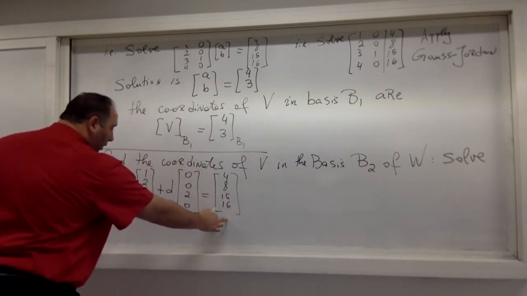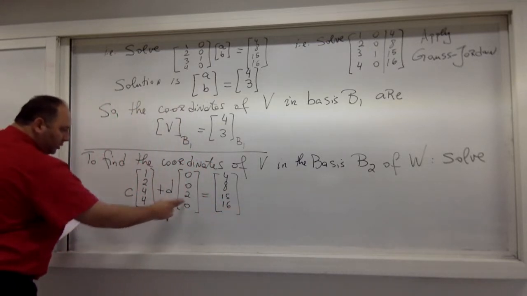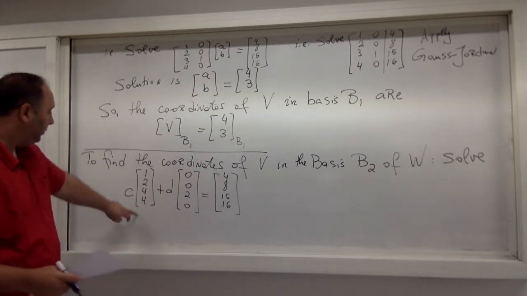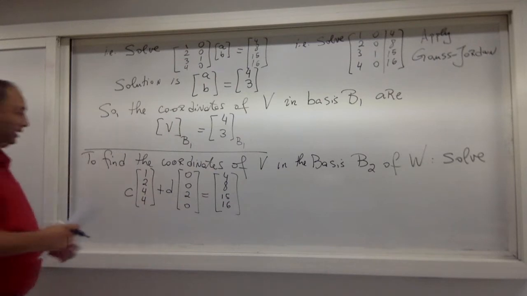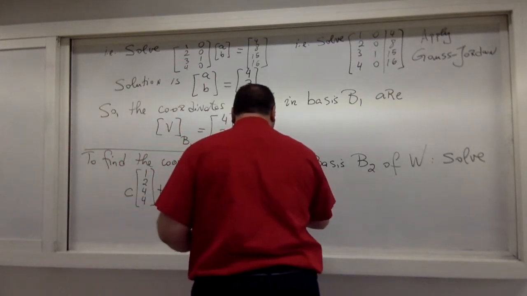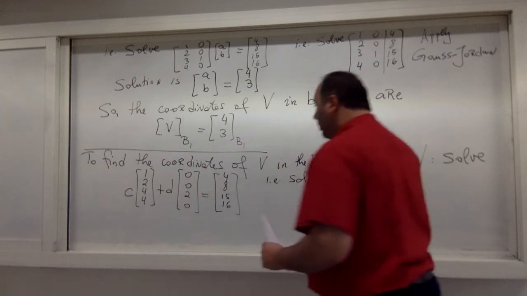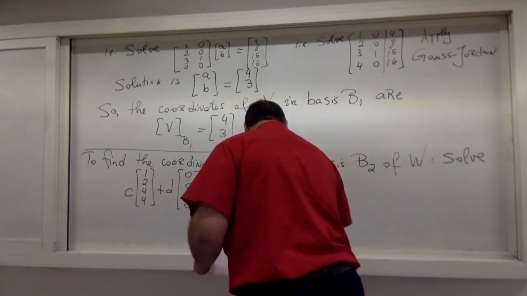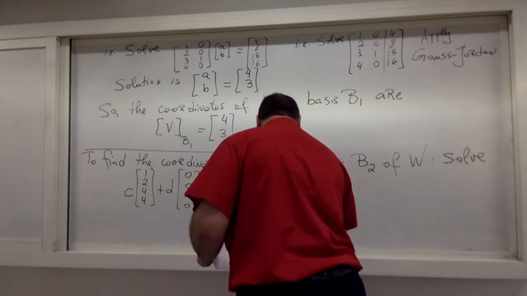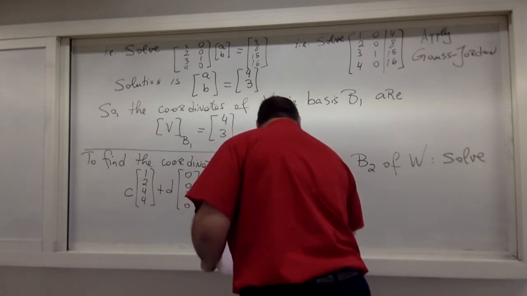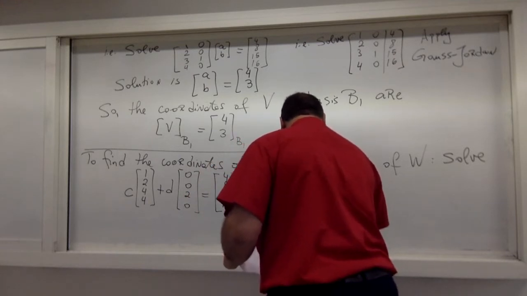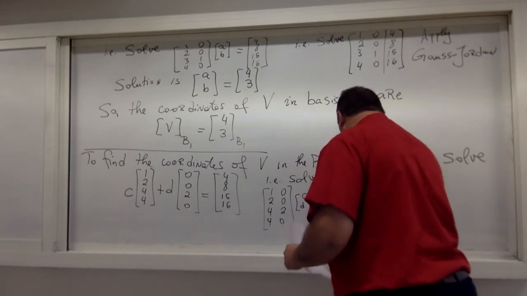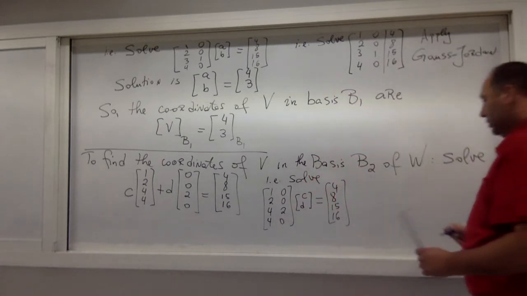So it's the same guy, and I'm just changing basis vectors, and I'm looking for his coordinates in this new basis. What do I do? Well, not a big deal. All I need to do is solve the matrix system. I'm going to write it again apparently. Okay. Which is the same as solving an augmented system.